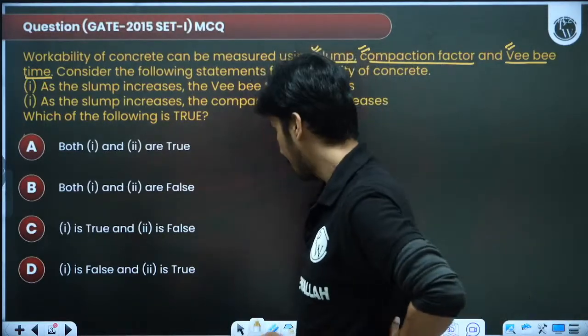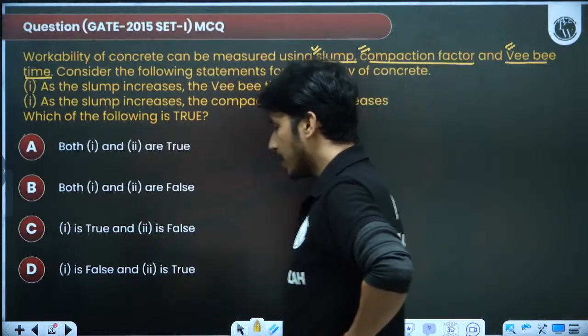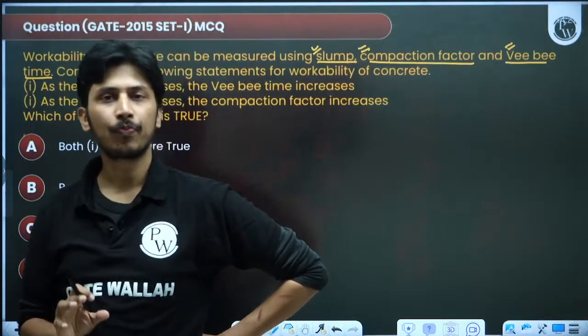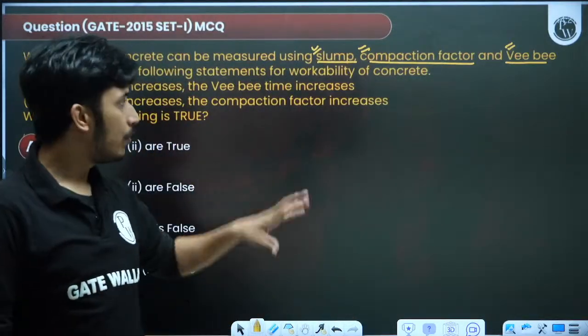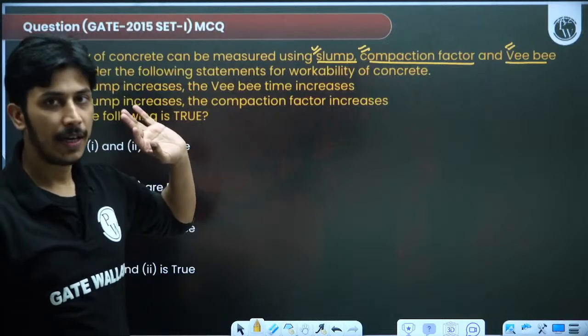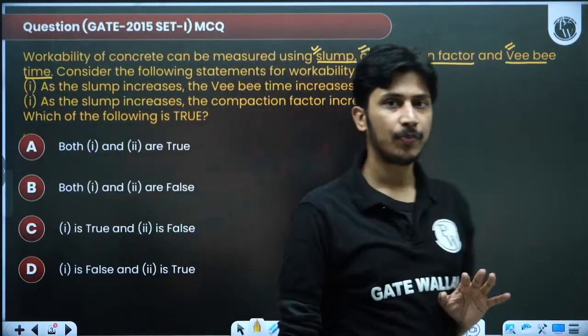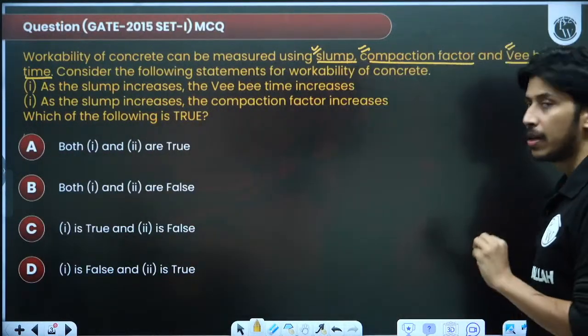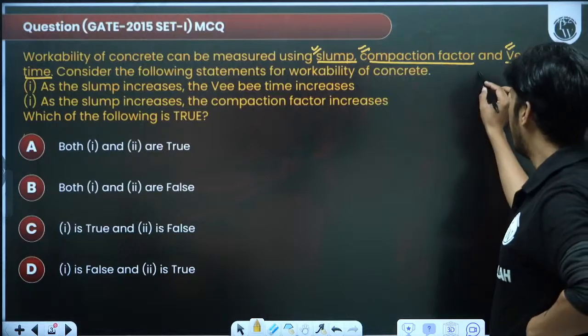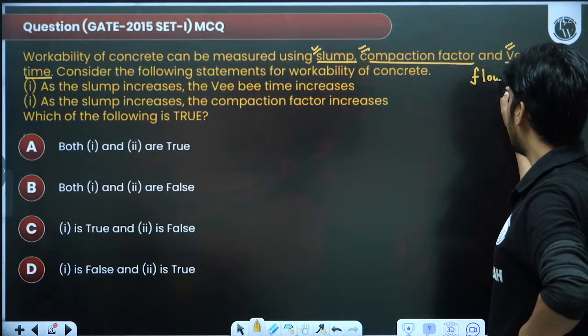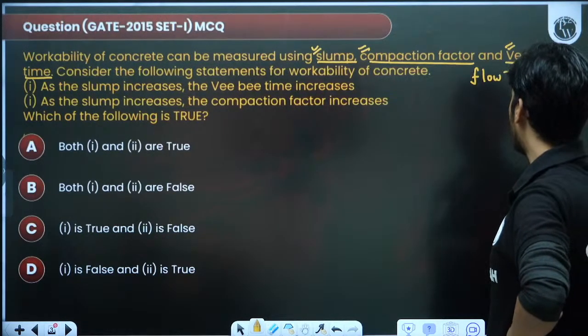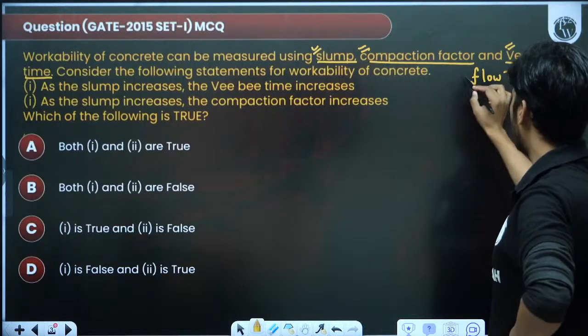Quickly tell me. Tell me the name if you know any other name. Yes, very good. Another name is the flow table test. So the flow table test is also there for workability. So this is the 4th number.